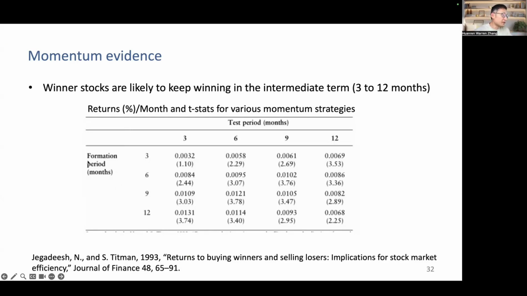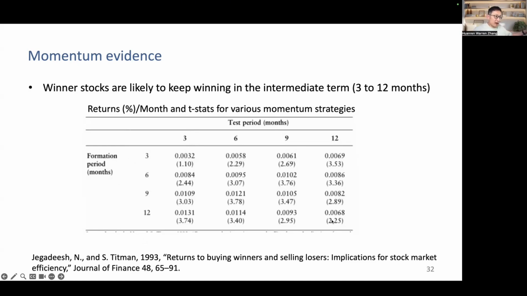For example, for formation period 3 and test period 3, we first calculate the return in the formation period of 3 months, and then we calculate the returns of the following 3 months, and we calculate the correlation, and we see the correlation is positive, right? We can also calculate the 3 months return in the formation period and the 6 or 9 or 12 months return in the following period.